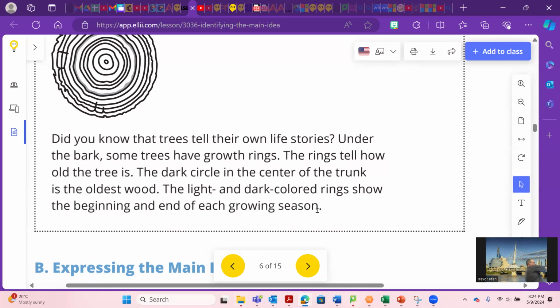What's the main idea? Based on the topic sentence and the repeated words, what do you think the main idea is?